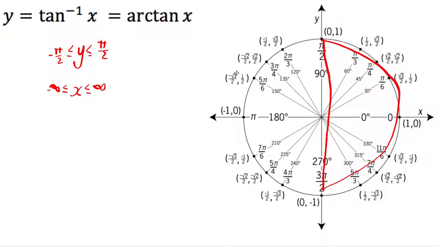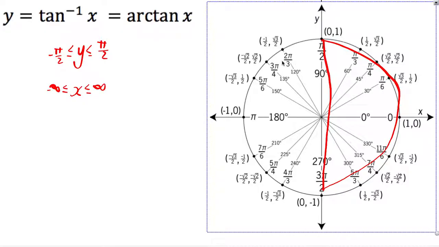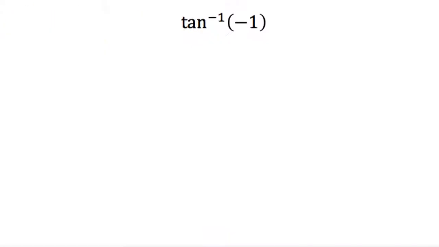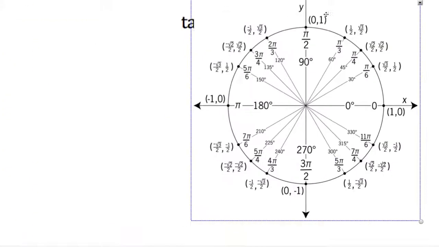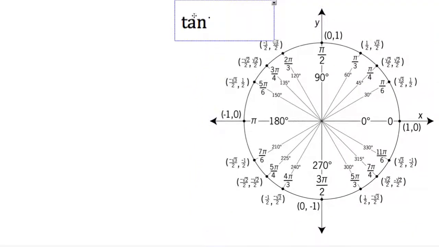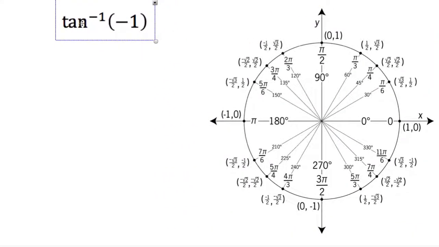So you're not limited to anything between -1 and 1 for a tangent. Okay. Now, one thing we do want to look at: inverse tangent of -1. This is a good question.